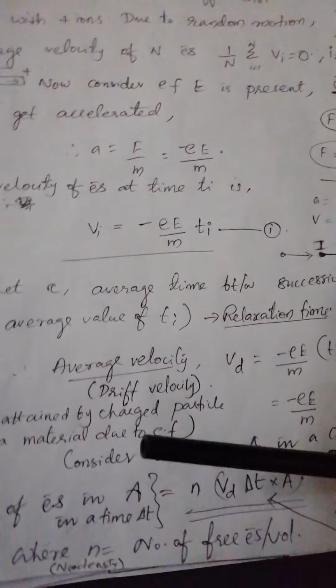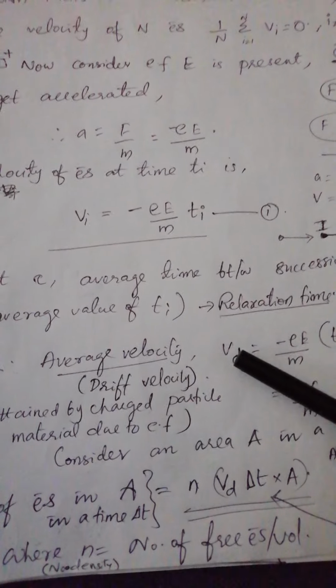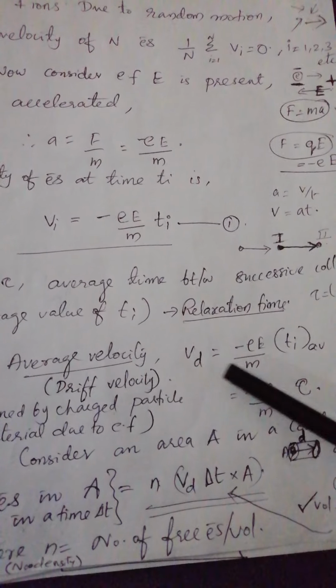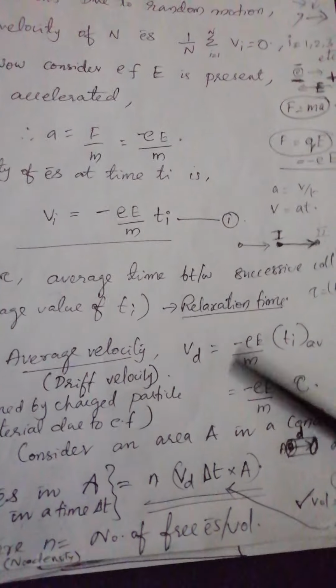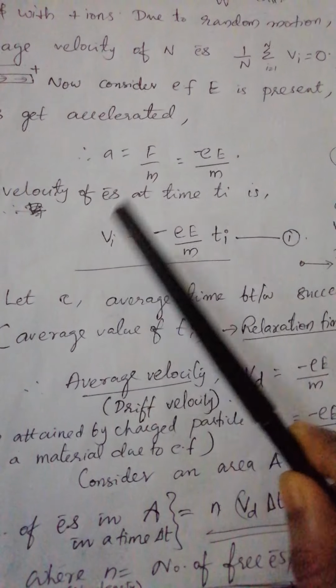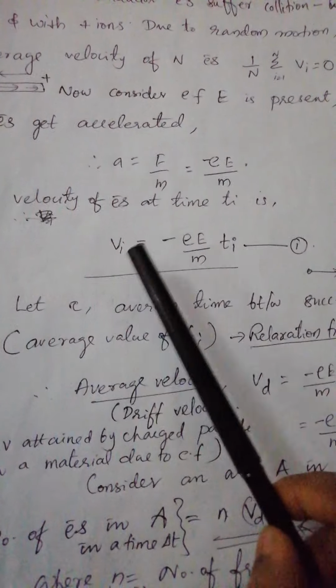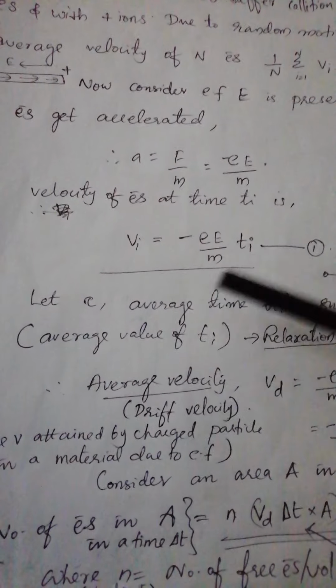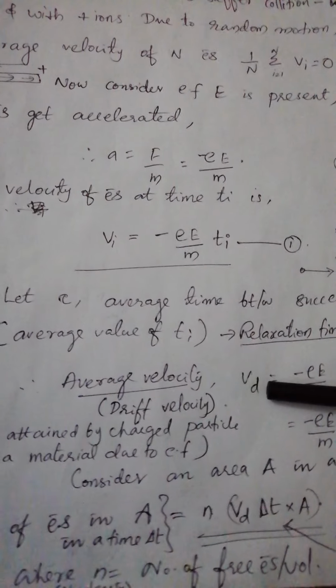Now let us find out the equation for drift velocity. So drift velocity we can write Vd is equal to, this is the instantaneous velocity at time Ti. The average value of this one will give us the drift velocity.